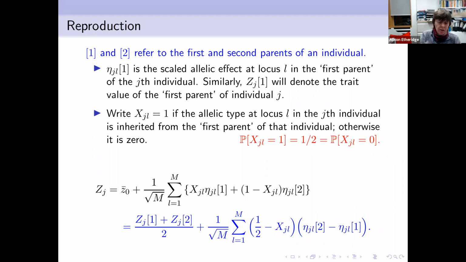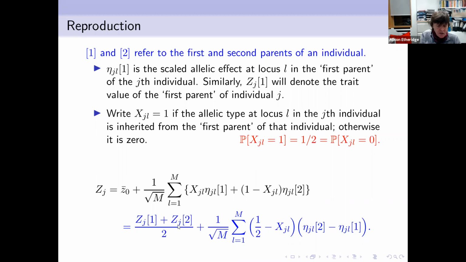This Bernoulli random variable is tracing the Mendelian inheritance, and I can rearrange this expression, and I want to do that to justify the mean of my random variable being the mean trait value. So I can take out ZJ1 plus ZJ2. ZJ1 over 2 wasn't up here, so I better subtract it off somewhere in this expression, and that's that half times minus eta JL of 1.